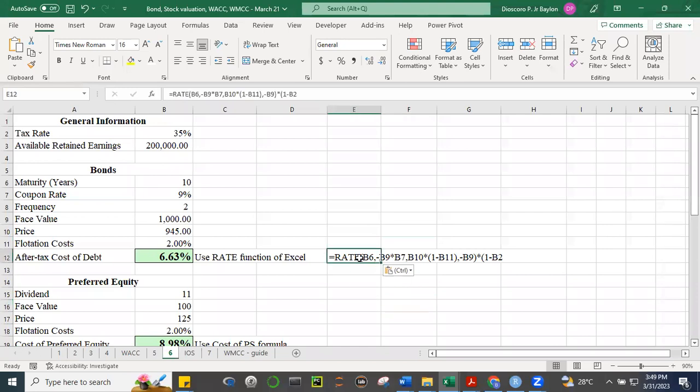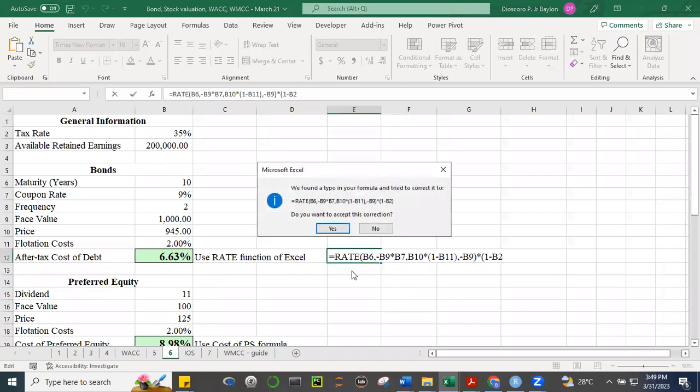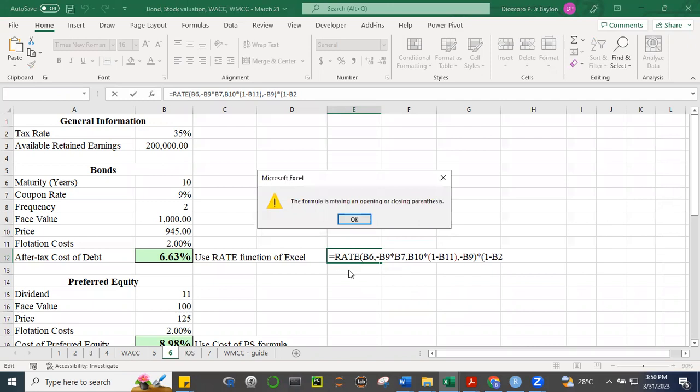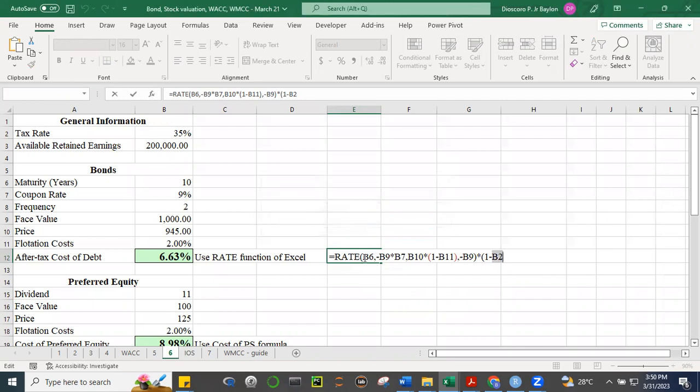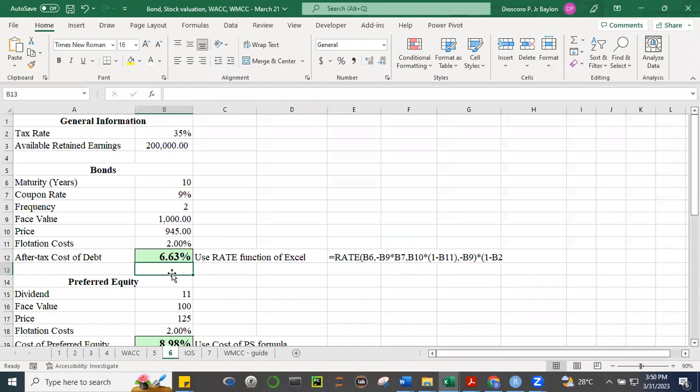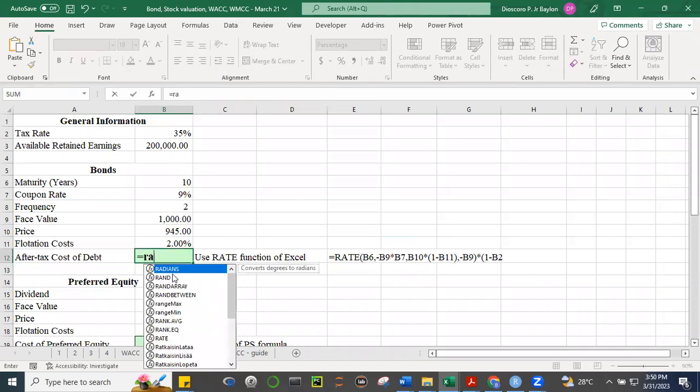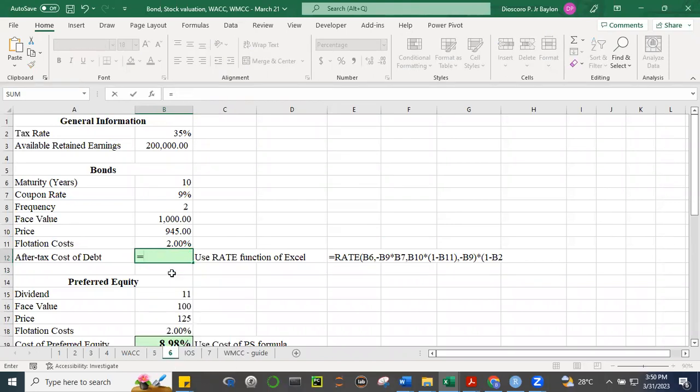Okay. So rate is equal to B6, no? N per is B6. Okay, sige, let's do this. So dapat class, yung rate natin, yung N per natin is 10, di ba?